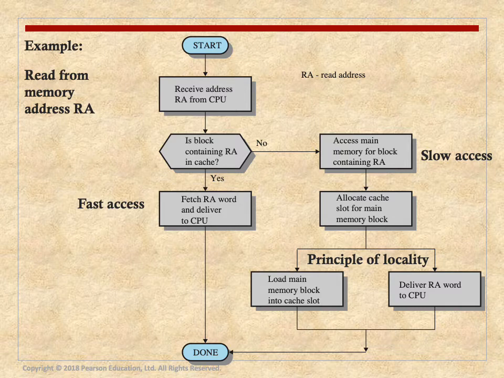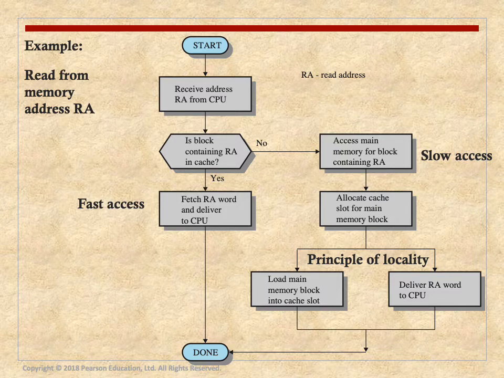Now we consider the second case, where the block corresponding to the memory address RA cannot be found in the cache. The processor accesses the main memory, and it looks for the block that contains the address RA. Now a slot in the cache will be allocated in order to store this memory block. This may be either an empty cache slot or an occupied slot where the current content gets replaced.